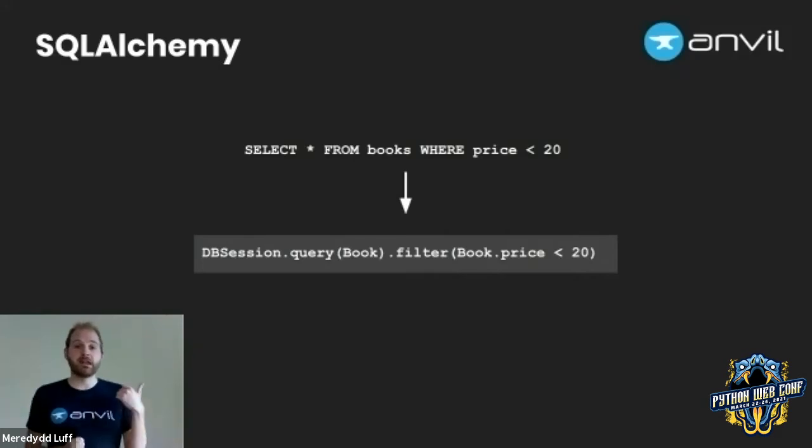If you start writing code that assumes that book.price is less than 20 is an ordinary numerical comparison, you'll come unstuck. And you'll have to learn that actually, no, that's an overloaded less than operator that returns an intermediate object that SQLAlchemy then uses to generate source code in a different programming language.